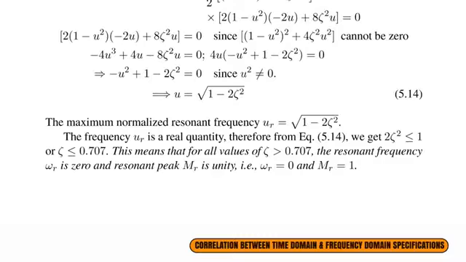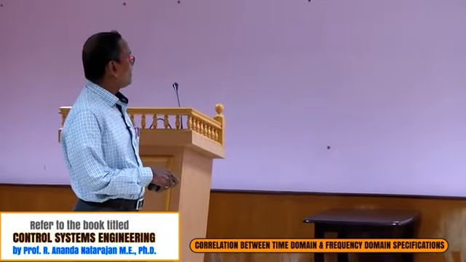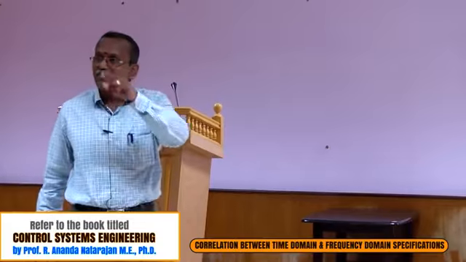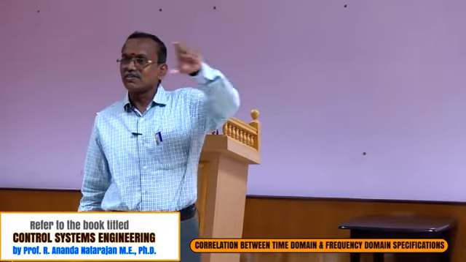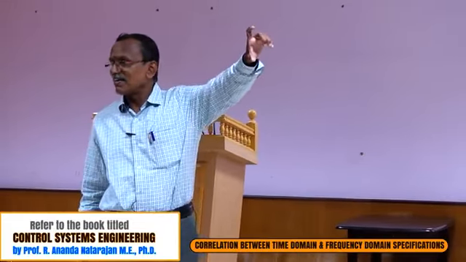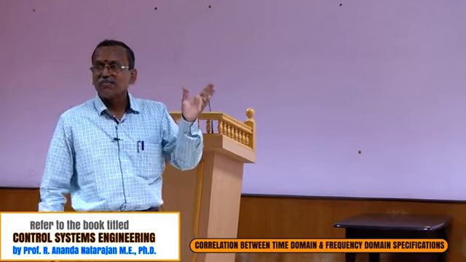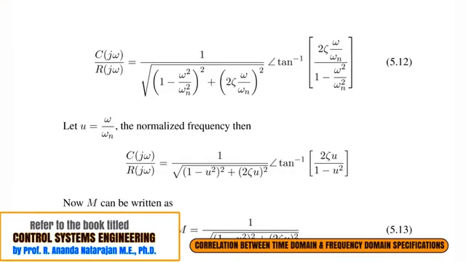That's why at 0.707 it becomes imaginary. This means that for all values of zeta greater than 0.707, the resonant frequency omega r is 0 because imaginary values do not exist, and the resonant peak M r is unity. That's why in control systems at low frequencies it becomes unity and constant. This is the reason why on the low frequency side it remains constant.